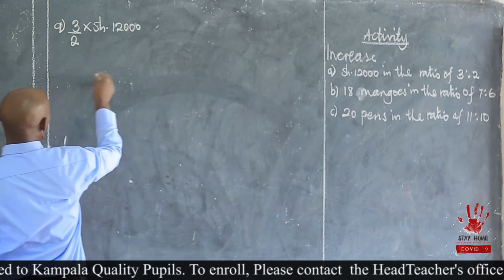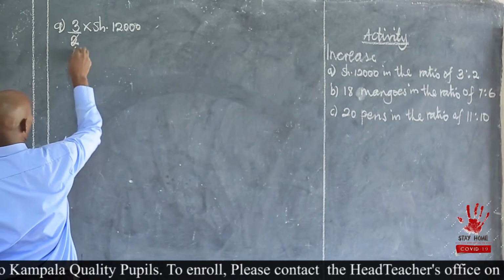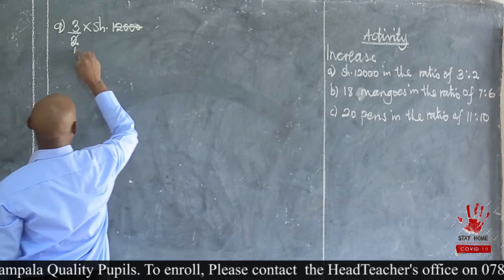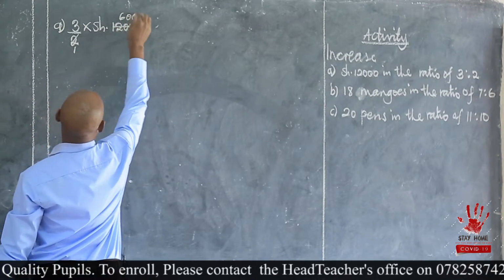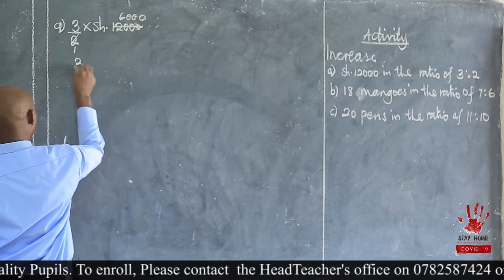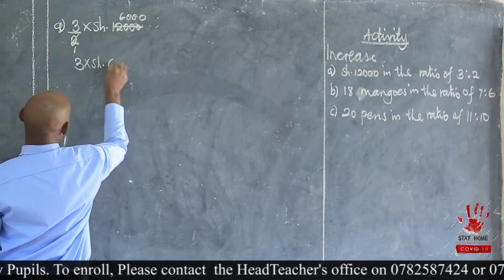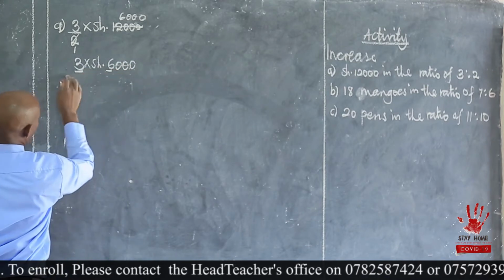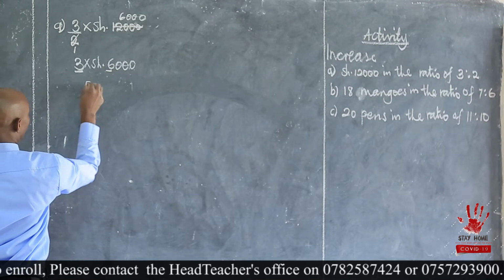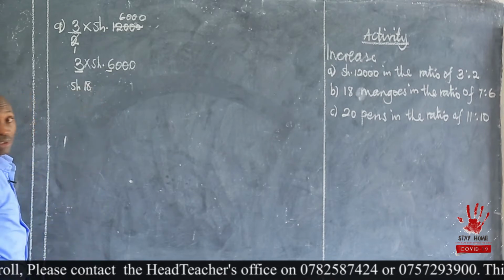So when we reduce this, what do we get? We reduce by 2 once. 12 divided by 2, we are getting 6. Then the zeros divided by 2, we are getting the zeros. Therefore, we shall have 3 times 6,000. So when we multiply 3 times 6, we are getting 18. Then plus how many zeros?